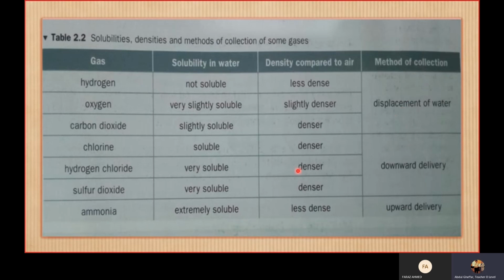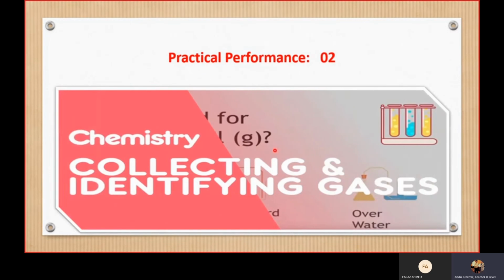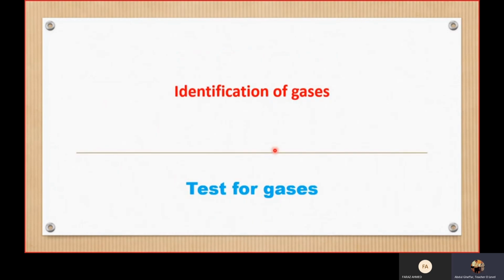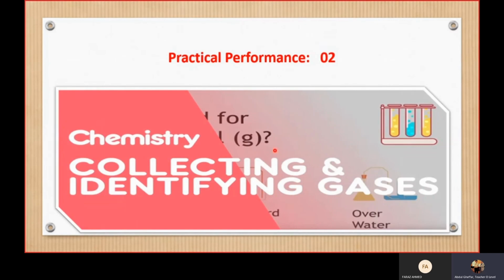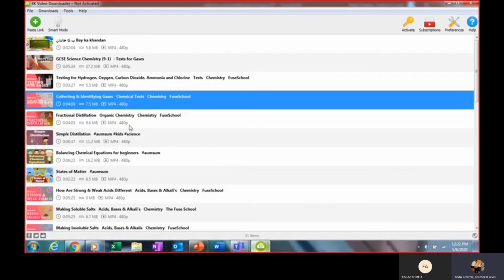Right? This is the complete table. Okay, Faraz. Now we are moving towards the identification of the gases, how we can identify, what is the test for this gas, right? So we are moving towards the second topic, and then we will also move towards the video.